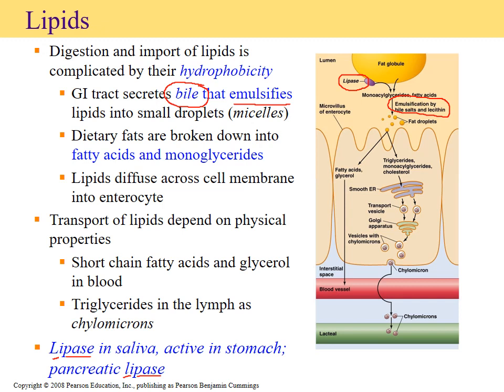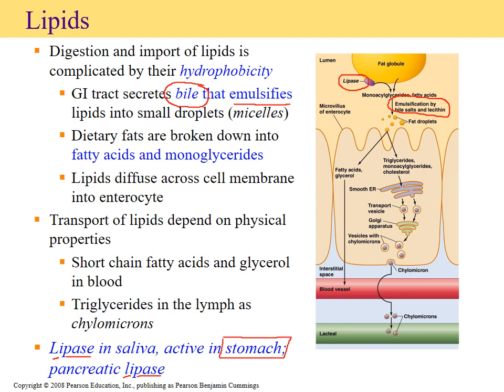Now, an interesting part about the salivary lipase is that even though it's present in the saliva, starts mixing with the food as you're chewing, and follows the food as it travels down the esophagus, it actually does not become active until it reaches the acidic environment of the stomach.